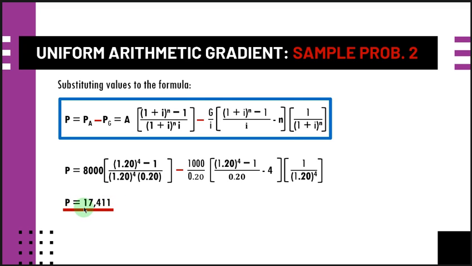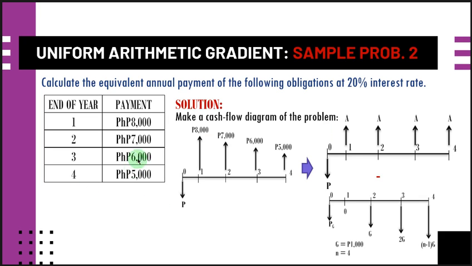So we are going to calculate the equivalent annual payment A using this P. Actually, we are getting the value P here, but the question says that we are to calculate the equivalent annual payment.